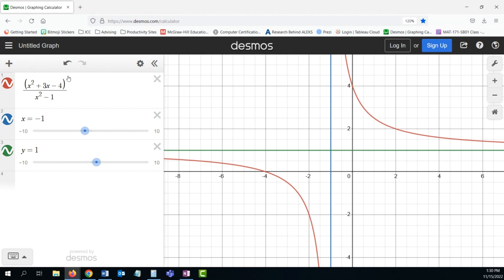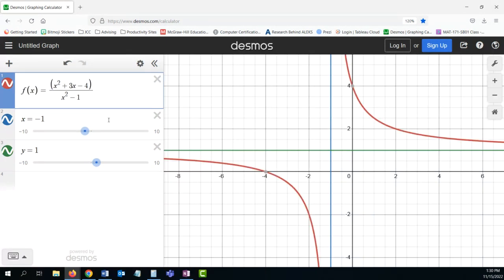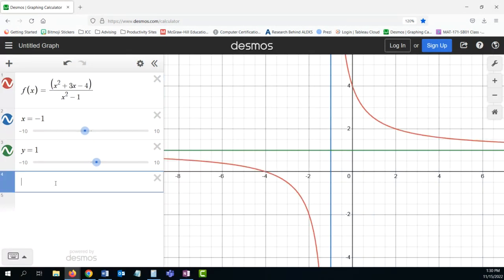All right. The other thing I mentioned: I'm going to name this function real quick so that I can use features. So f of x is x squared plus 3x minus 4 all over x squared minus 1.